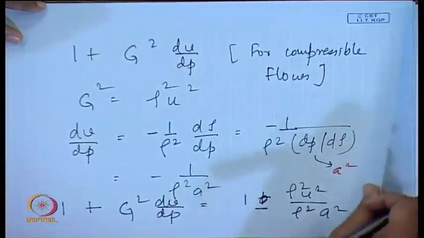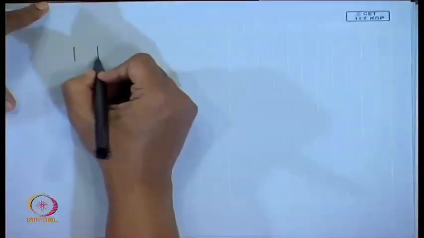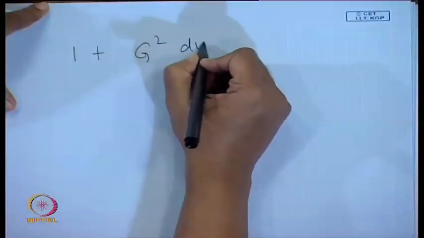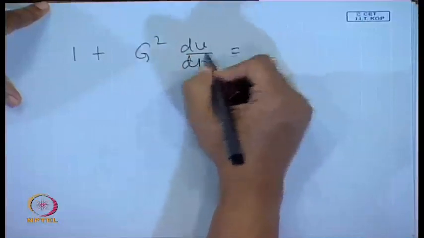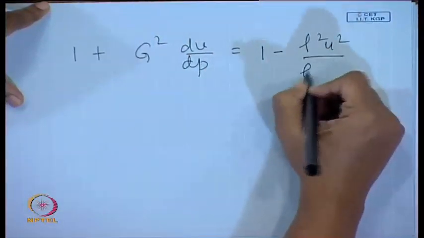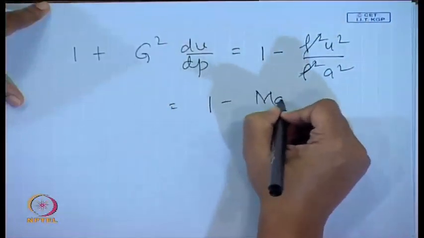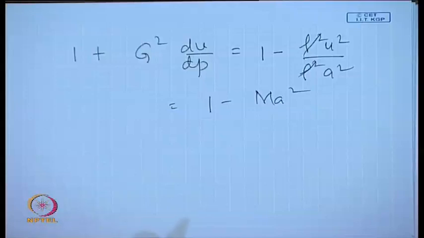Or in other words, we find the denominator, which I had already told you that we will be discussing the significance of later. This is nothing but 1 minus M a squared, is it not? So, what do we find?